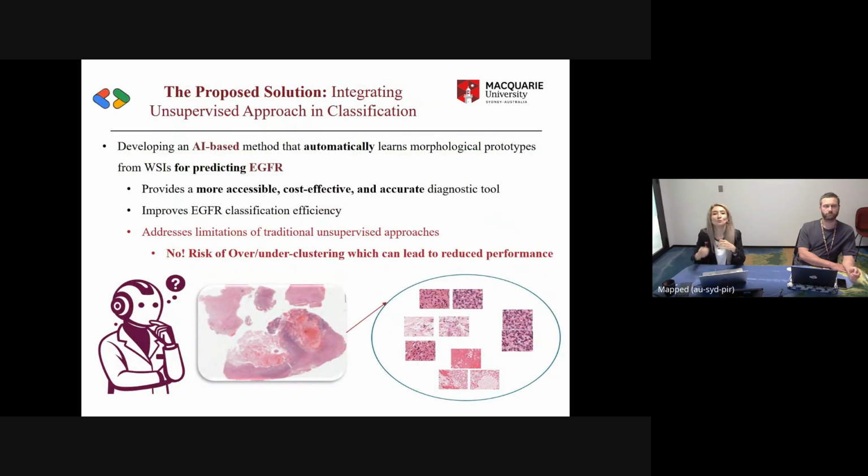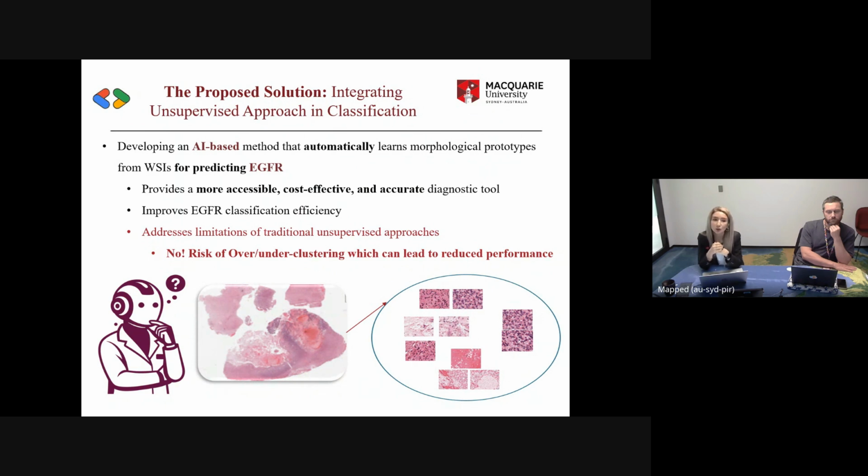So what's our proposed solution? We decided to integrate an unsupervised approach in the classification. Because now our focus is EGFR in glioblastoma, EGFR biomarkers. So we will only talk about this method on this issue, but afterwards we can try this model on other kinds of diagnosis.